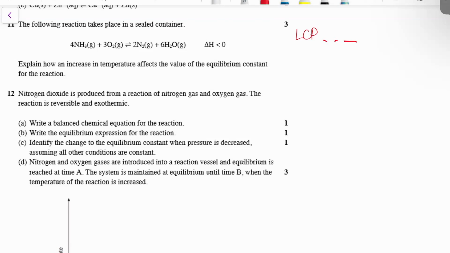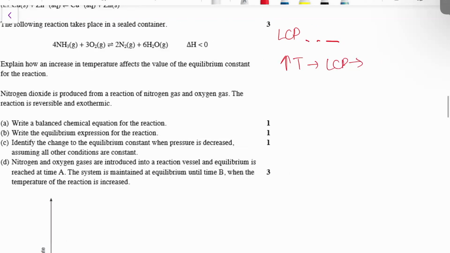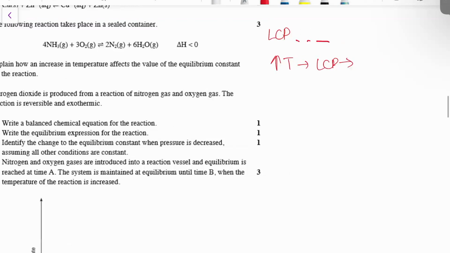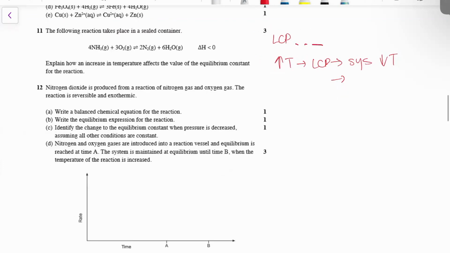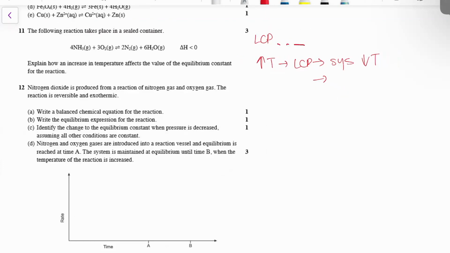The change here is the increase in temperature, so talk about how the system tries to bring the temperature back down. When we increase temperature, according to LCP, the system will want to decrease temperature. Then we have to talk about how it does that. When we decrease temperature, are we trying to release more heat, or are we trying to absorb and take the heat away?